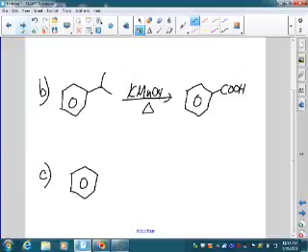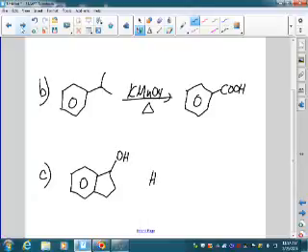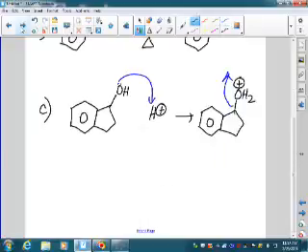Dehydration reaction. We have OH. H plus, the lone pair bonds to the proton, forming water. Which breaks off to form the benzylic carbocation.